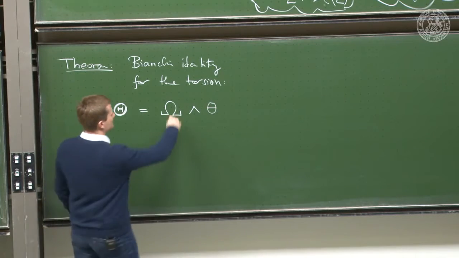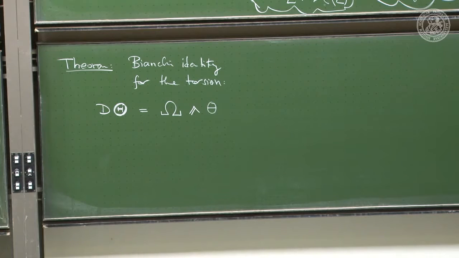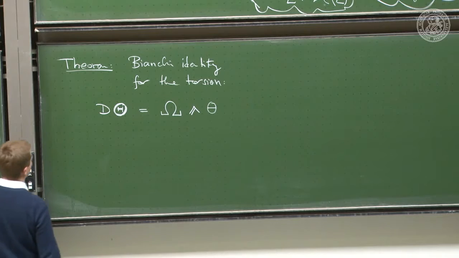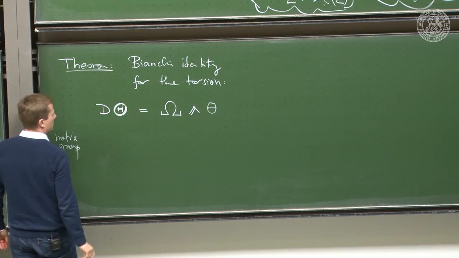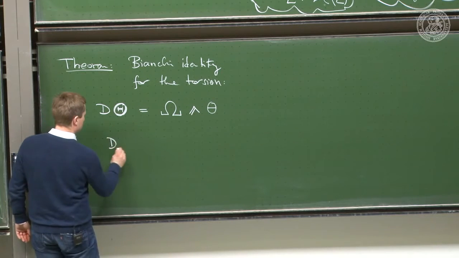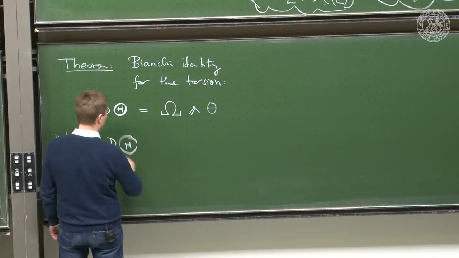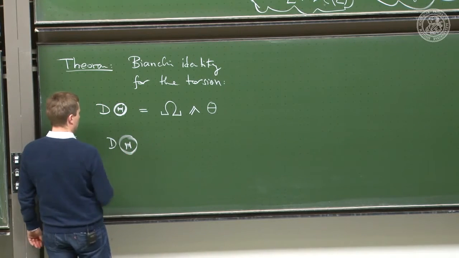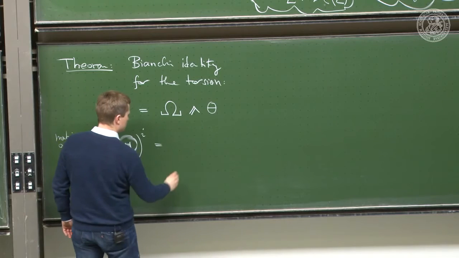And again, it must be this application, so it must be, again, very strictly speaking, this guy here. So again, for a matrix group, D of the torsion, being V valued, is a 2 form, but a V valued 2 form, so it looks like this.